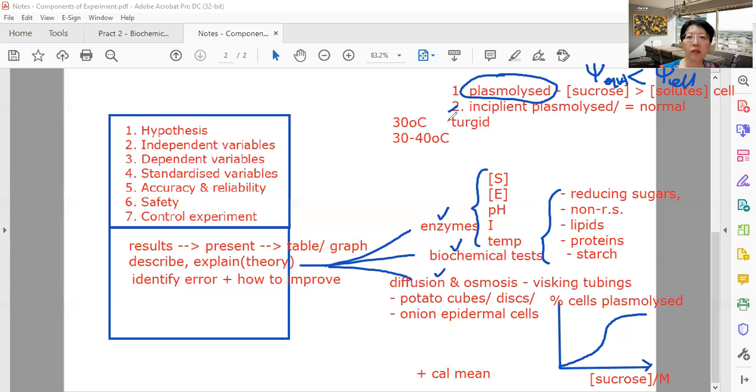Then what about number 3, where the cell can be turgid? When the cell is turgid, what is the difference between sucrose concentration and solute concentration in the cell? Lô Vân Thảo.